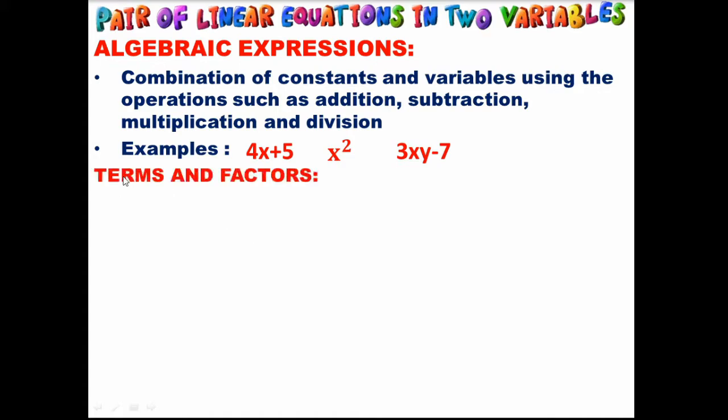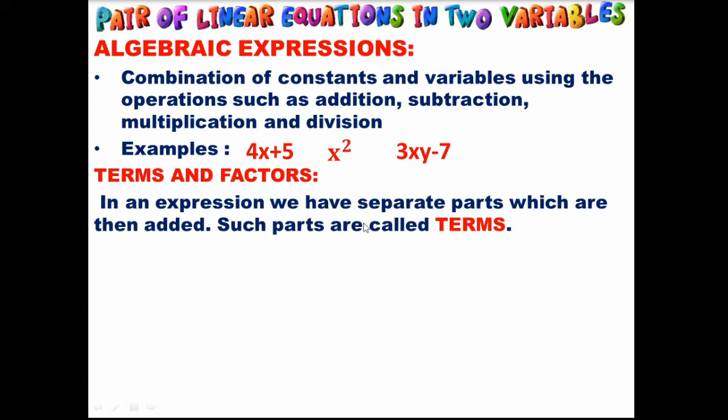Okay, now we'll see about terms and factors. In an expression, we have separate parts which are then added. Such parts are called terms. So, separate parts of an expression are called terms. Let me explain it through an example. Now consider this expression 4x square minus 3xy, right?